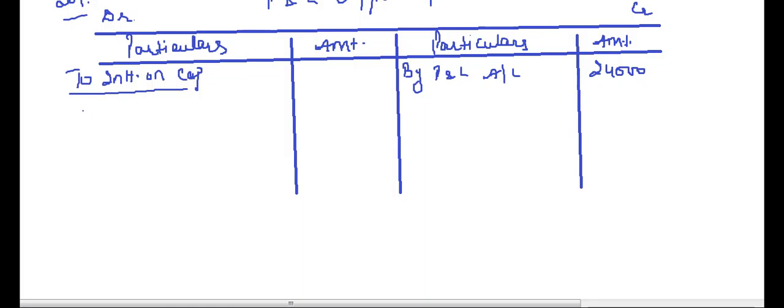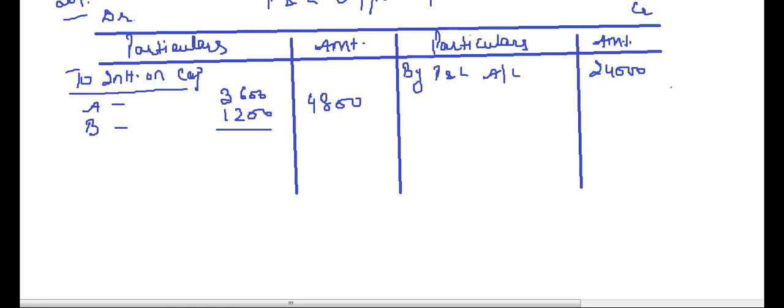For A it is 6% of 60,000, that comes to 3,600. For B it is 6% of 20,000, that comes to 1,200. So the total interest on capital is 4,800. Clear?